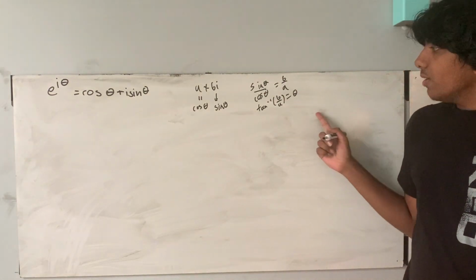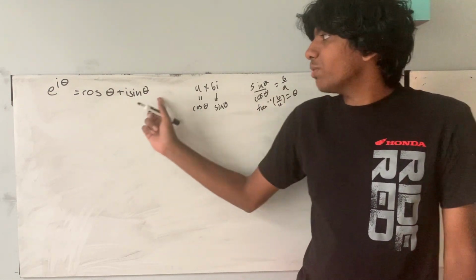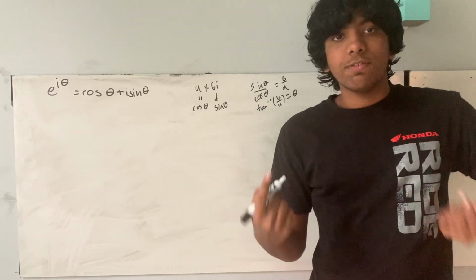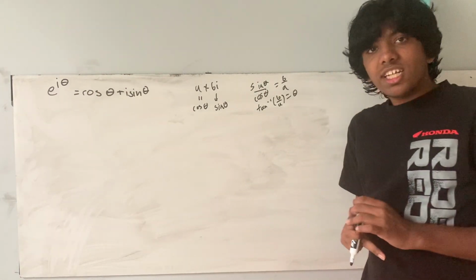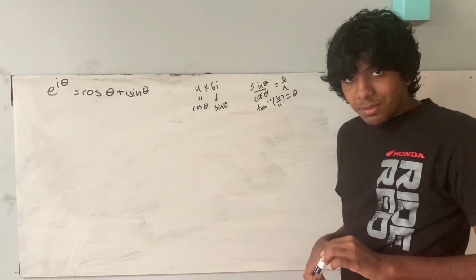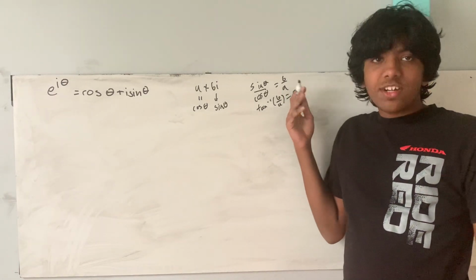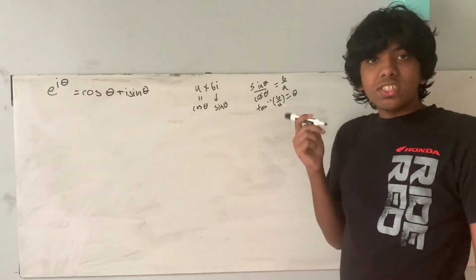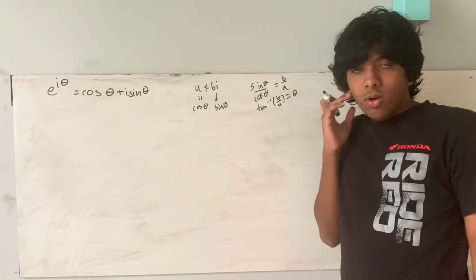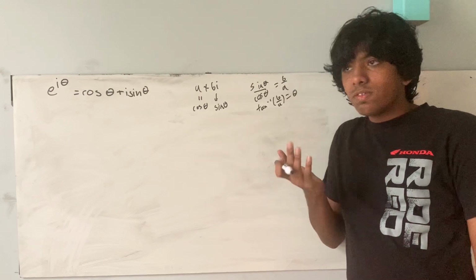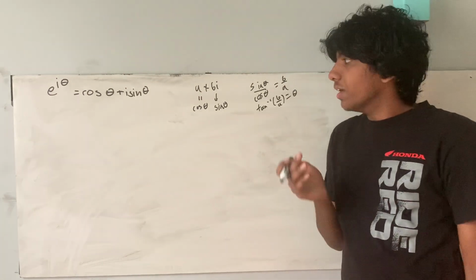Maybe from here, looking at this, we can find another way to represent complex numbers in a different form. But there's an issue that may arise by doing this. b over a can be represented in an infinite number of ways, right? It's a rational number: 1 over 2, 2 over 4, 3 over 6, and so on.